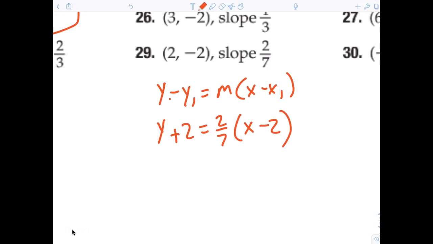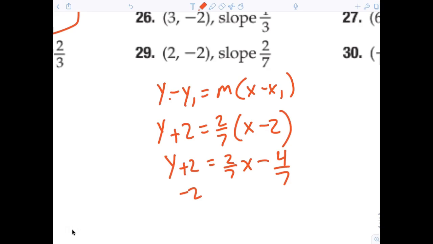Beautiful. Now let's see how you are with your fractions. And then 5 plus 2 equals 2 over 7 x minus 4 over 7. You are awesome. All right. Now what do I do? You subtract 2.